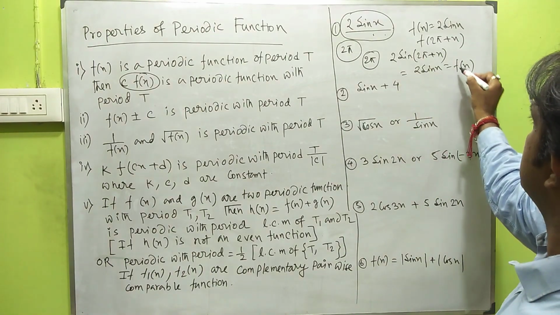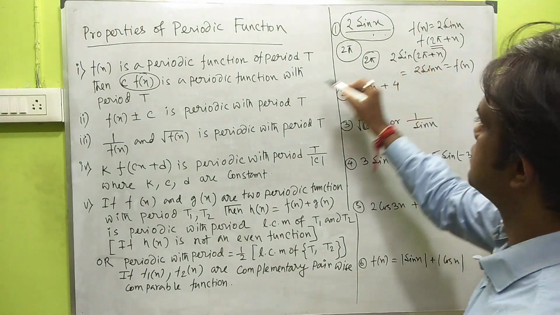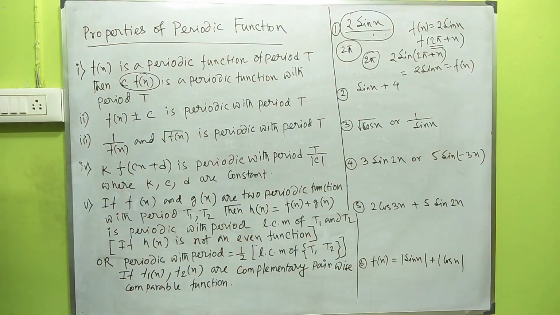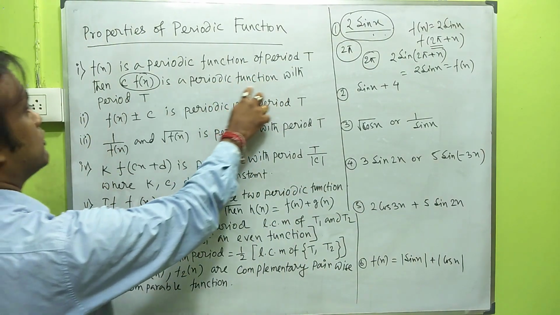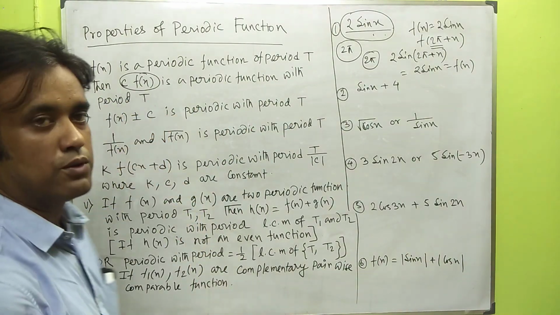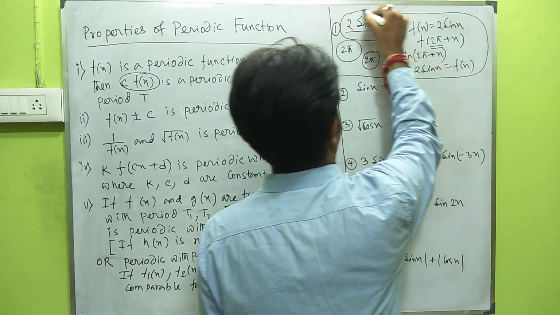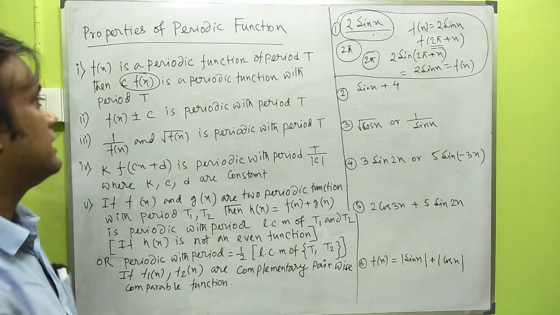So what will be the period of this function? 2 pi. So if f(x) is a periodic function of period t, then c of f(x) is a periodic function with period t. We explain this by an example.